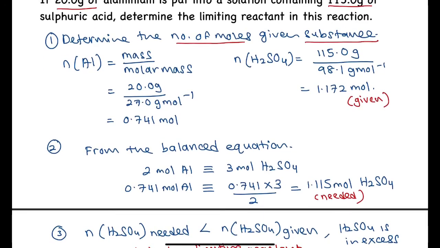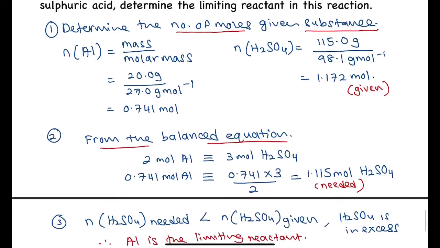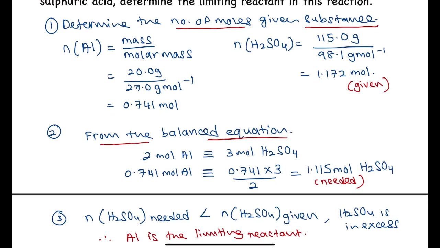Second step would be to compare the mole ratio between the reacting substances as shown, which is from the balanced equation, 2 mole of aluminium reacts with 3 mole of sulfuric acid. Therefore, when 0.741 mole of aluminium is used, only 1.115 mole of sulfuric acid is needed.